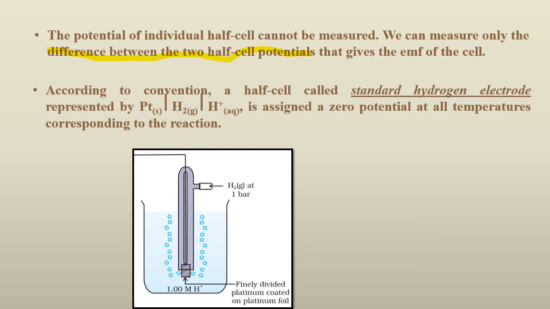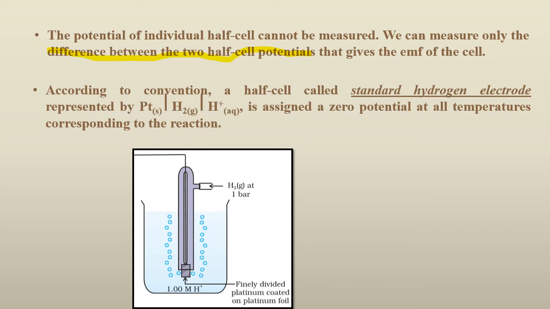So here we have the standard hydrogen electrode, which is helpful to complete our cell. Because if we are using any other metal as a half cell, then hydrogen is the only standard half cell which will help us to complete our cell and to measure the cell potential.